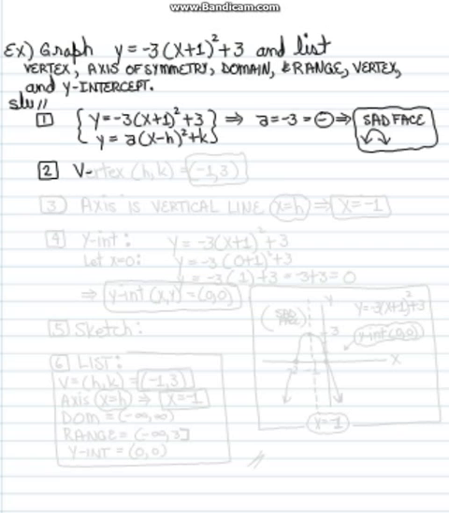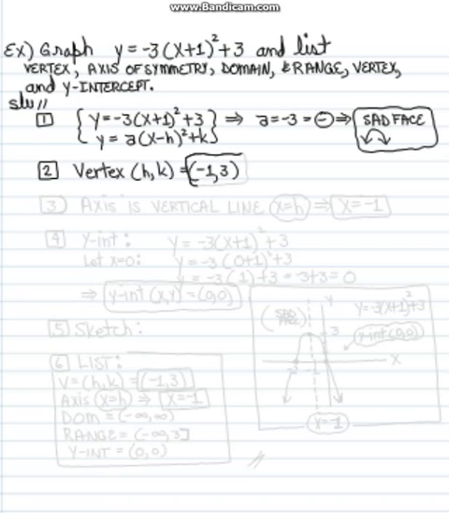Now step 2, let's find the vertex. We know the xy coordinate for the location of the vertex is (h, k). We can identify h and k just by comparing the two equations. The number that's being subtracted from x is the h value. Look at y equals -3(x + 1) squared plus 3.